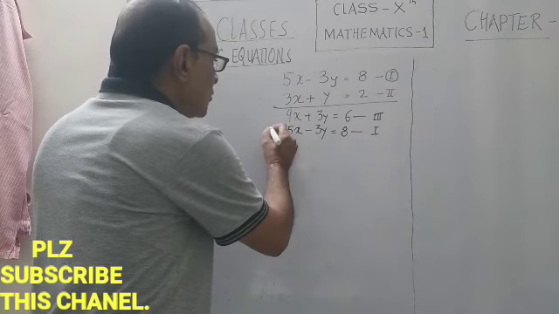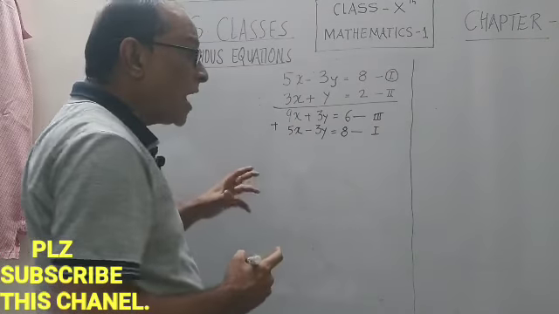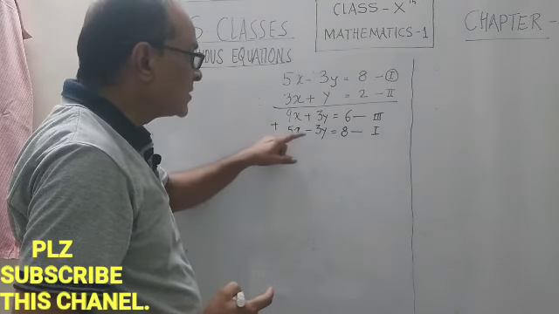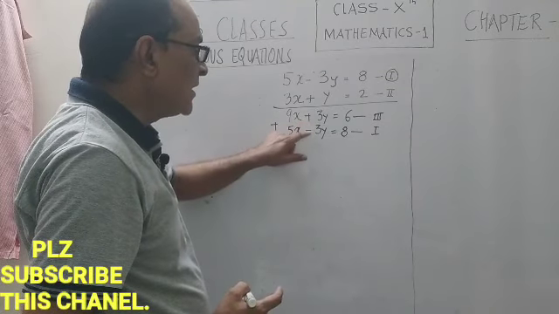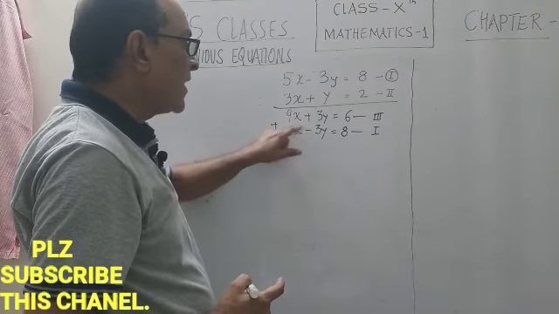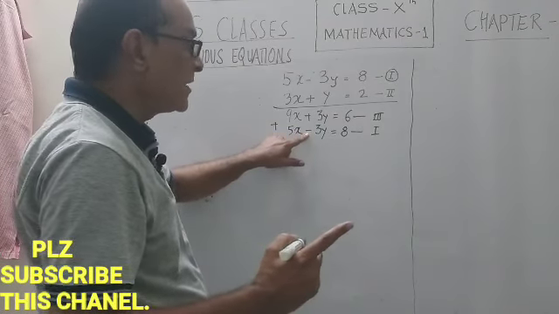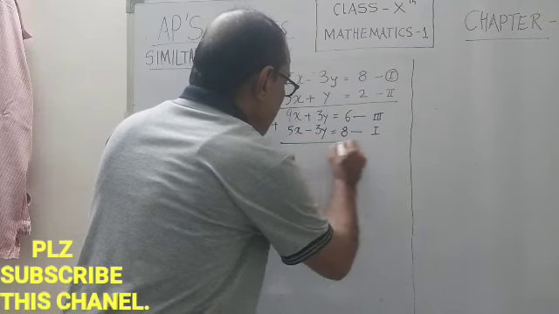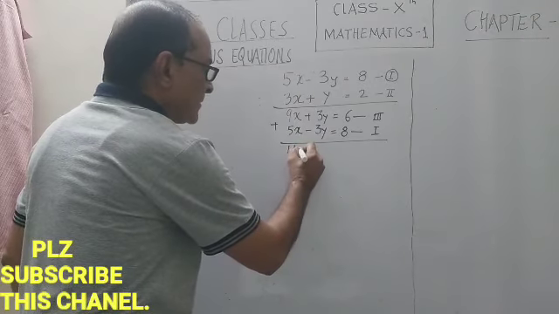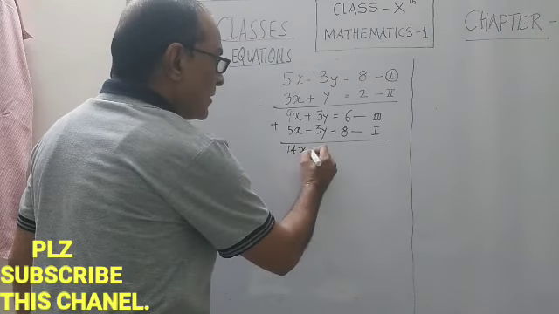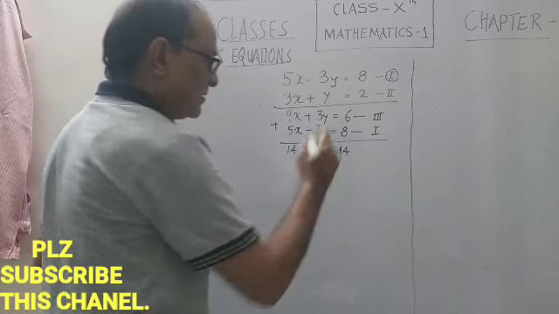Now try to add these two equations. Why am I adding these two equations? Because though here it is 3 and here 3, here it is plus, here it is minus. So when I add plus and minus, that will give me the desired result. Okay. 9 plus 5, 14x. Here 0 is equal to 14.